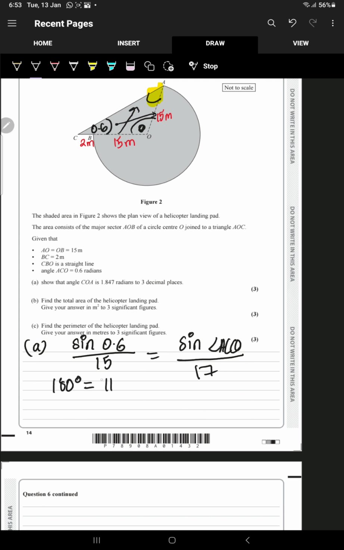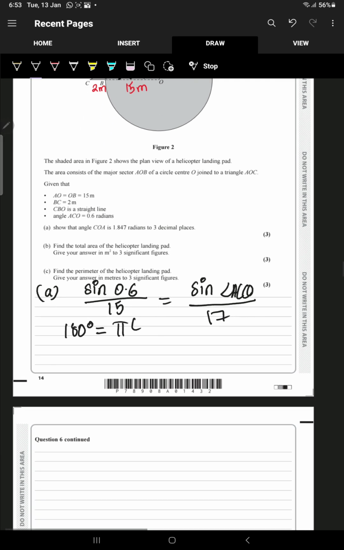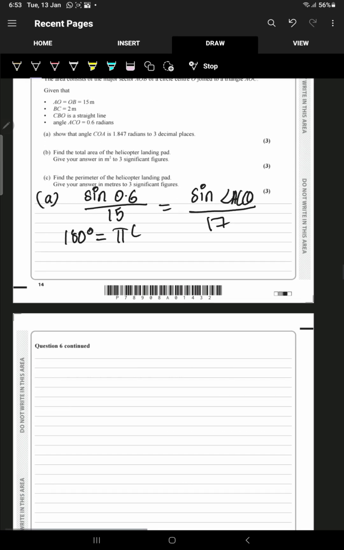I'm going to solve in one go only. Pi minus... you multiply by 17 on both sides, so these cancel out. Then you are left with sine of ACO. What we can do is take the sine inverse of it.